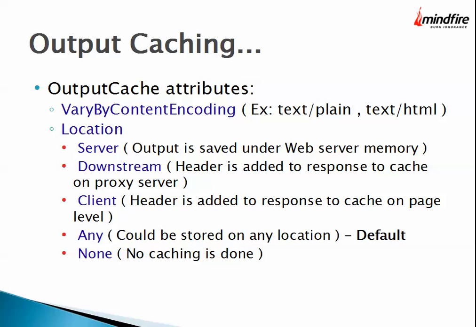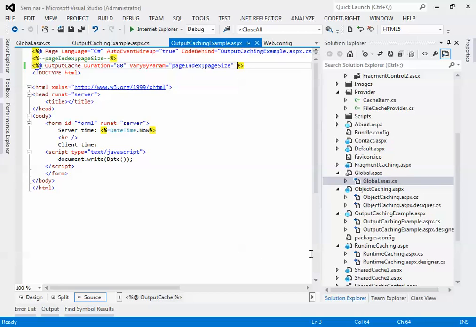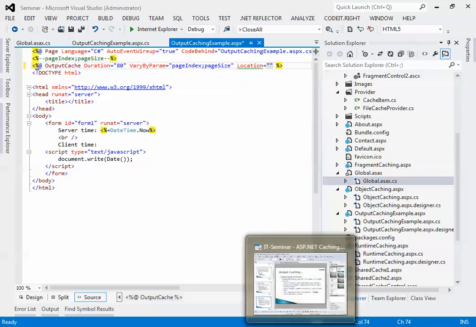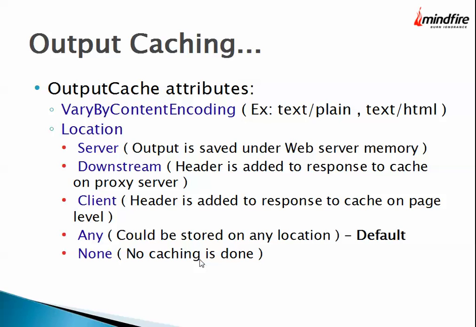The other attribute that we are having is this one, location, and in this one we are having different values. What it does is, if we want to decide where to save, that is the location.